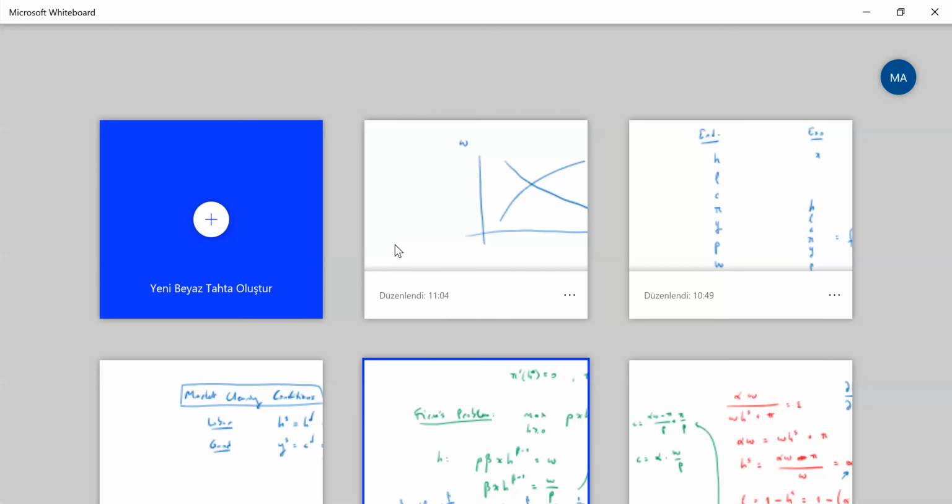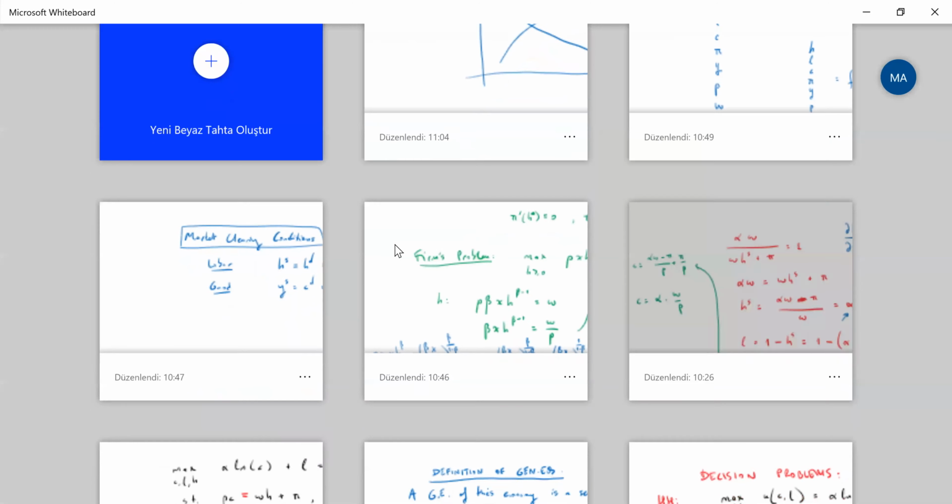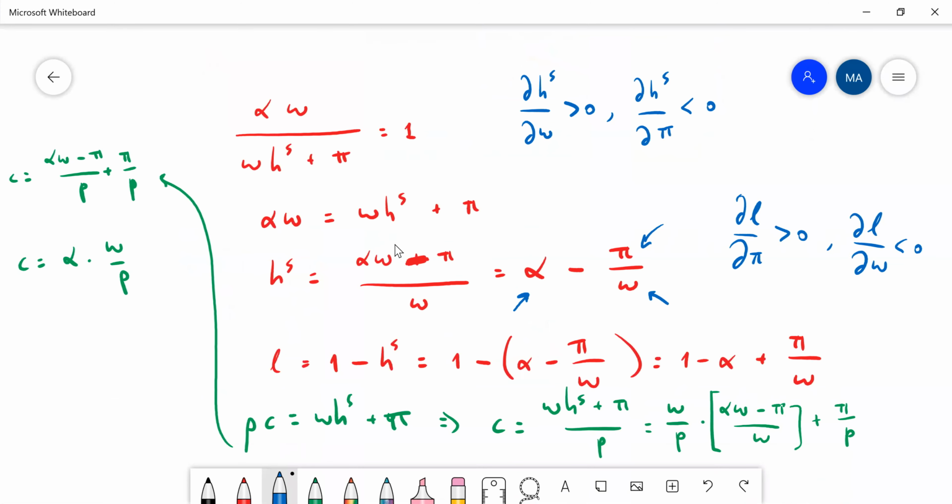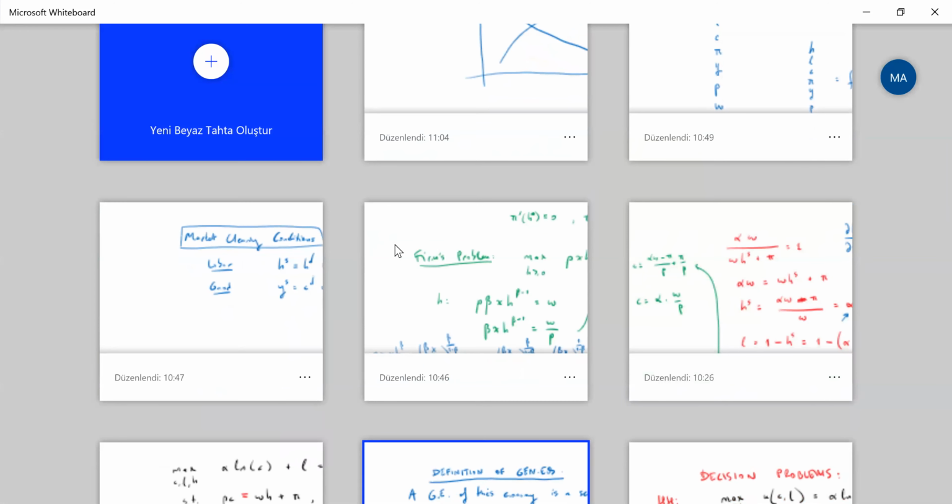Now, look at the supply decision. Supply is here. But supply, as we derived, depends negatively on productivity, given wage, okay? So you have something like this.